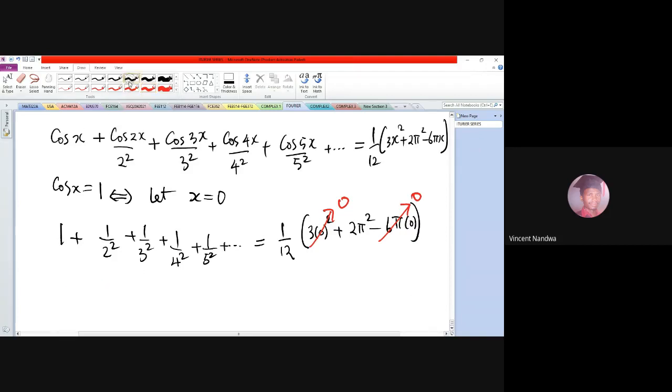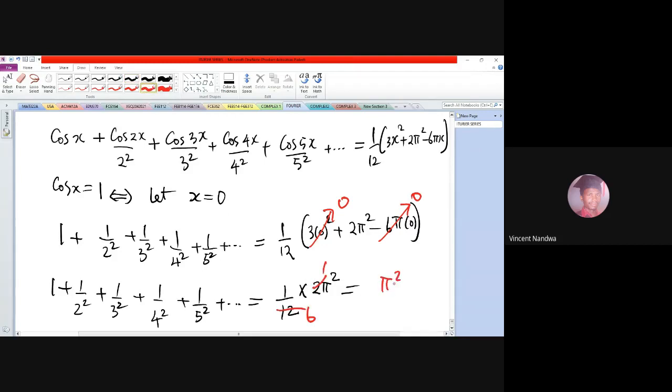So this part will be 0, this part will be 0, so it means 2 pi squared. So 1 plus 1 over 2 squared plus 1 over 3 squared plus 1 over 4 squared plus 1 over 5 squared plus other terms equals 1 over 12 times 2 pi squared, which is the same as pi squared over 6.